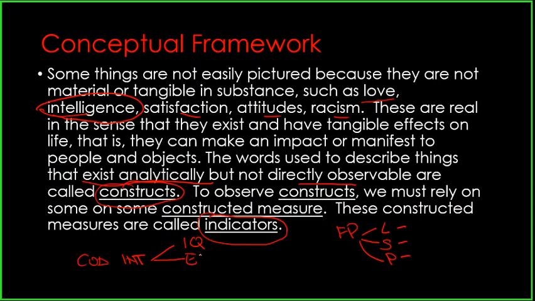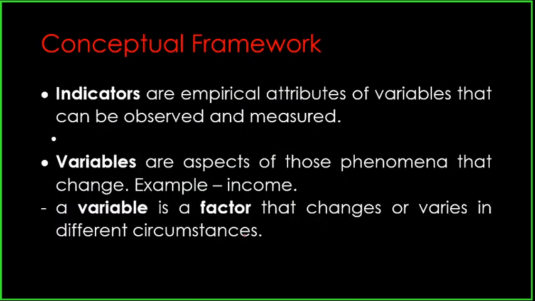Pwede rin siguro ang EQ. Pwede rin siguro yung academic performance. Okay po? So, yun yung mga indicators natin. These are empirical attributes of variables that can be observed and measured.